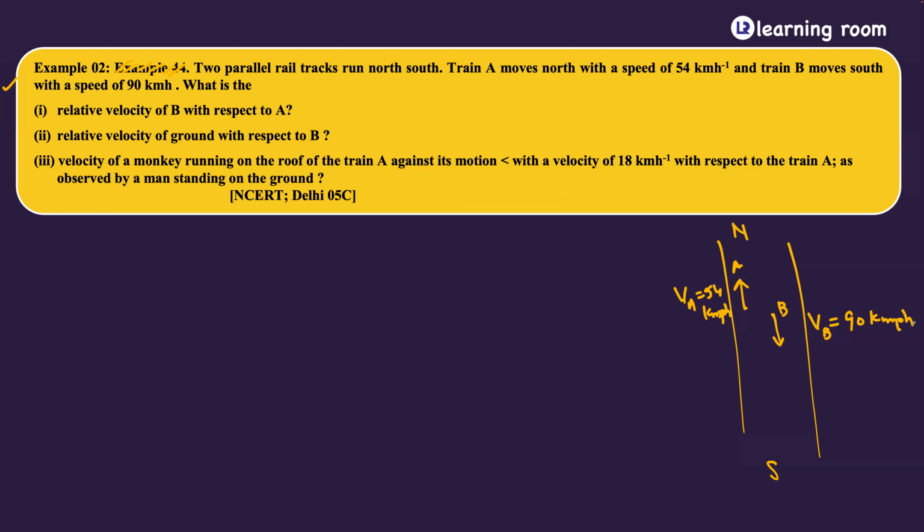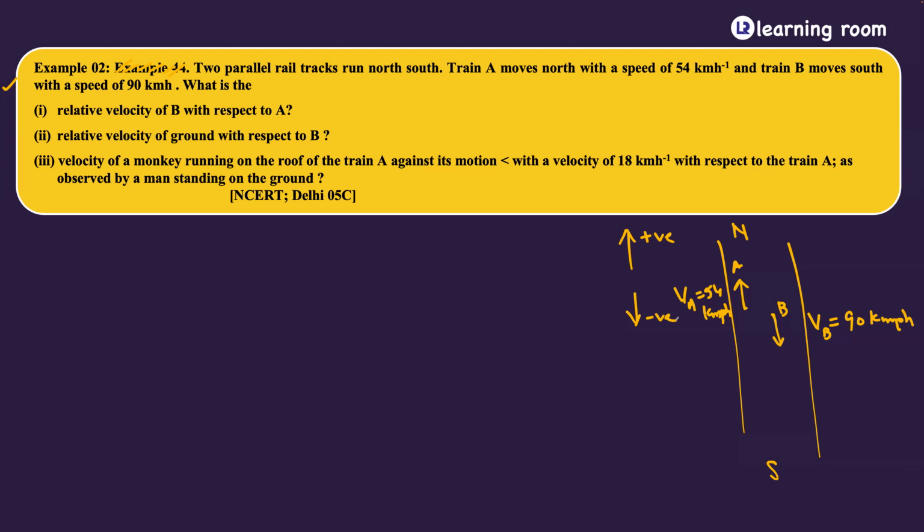First question. What is the relative velocity of B with respect to A? First thing, since velocity is a vector quantity, you need to observe that they both are in opposite directions. So if I take this to be positive, downward will be negative.